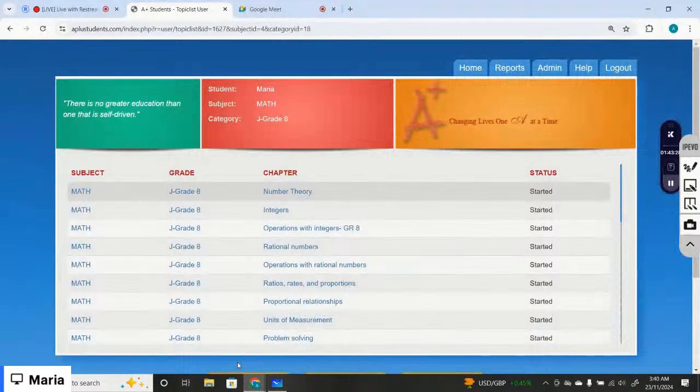If you need more help with any of the lessons, you can simply click on the live chat button. Tutors are here to help you, or you can write down the questions in the chat box.